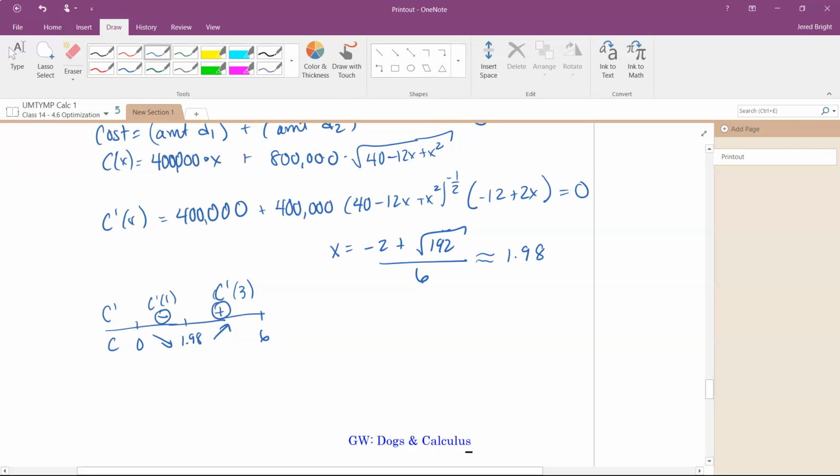So then the question is, where should P be located? P should be located 1.98, or I should really give the entire expression, negative 2 plus the square root of 192, over 6 kilometers east of the oil refinery.